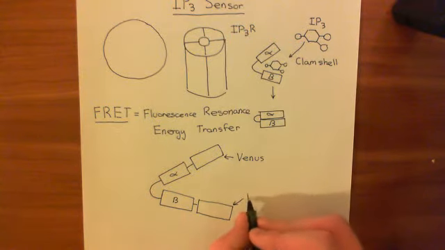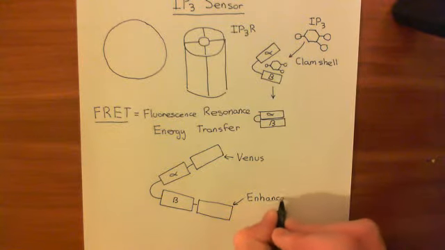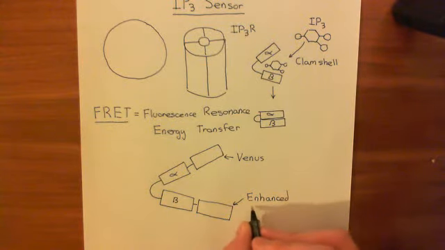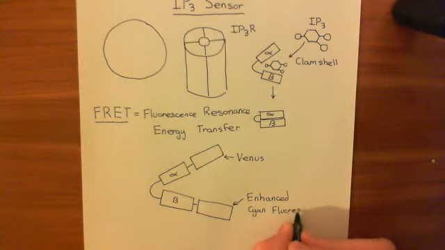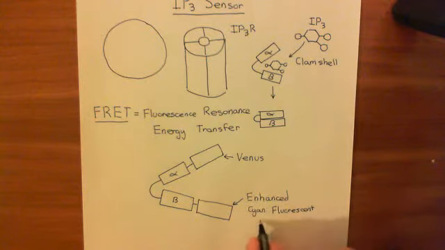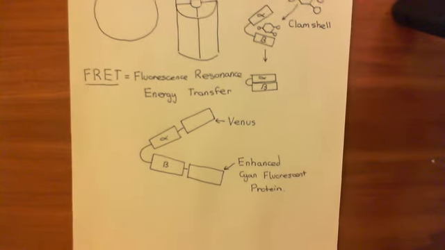Sometimes people still use the originals, so they still use yellow fluorescence protein and cyan fluorescence protein, but often people now use the enhanced fluorescence proteins. Venus is basically just yellow fluorescence protein enhanced, so you could call it enhanced yellow fluorescence protein.